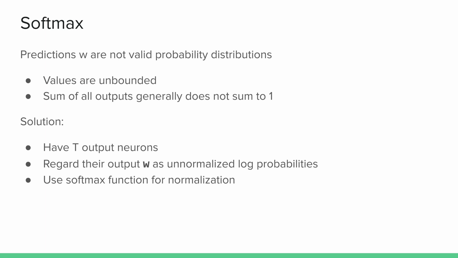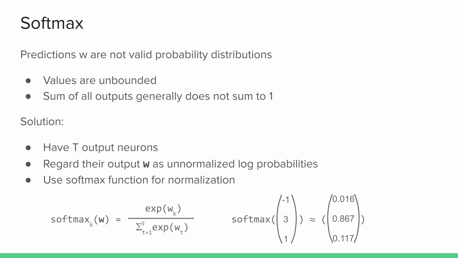Then the softmax function computes this function here, which squeezes any value that we might have into the range of 0 to 1, and by the normalizing term at the bottom, it ensures that the sum of all outputs always adds up to exactly 1.